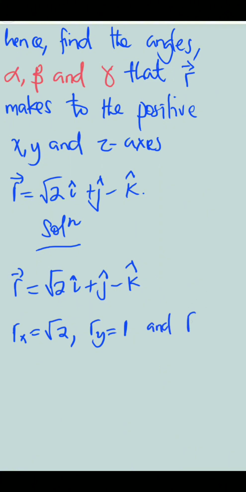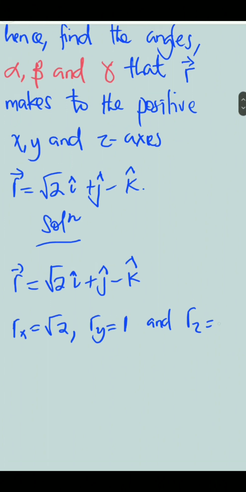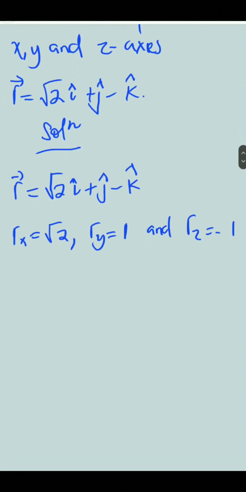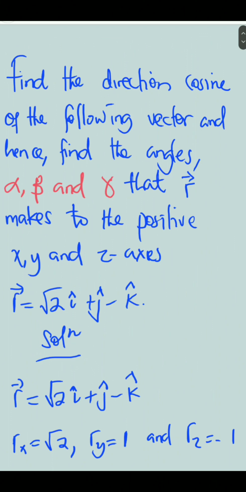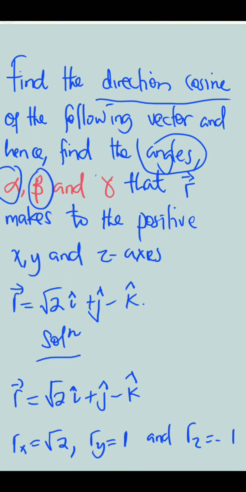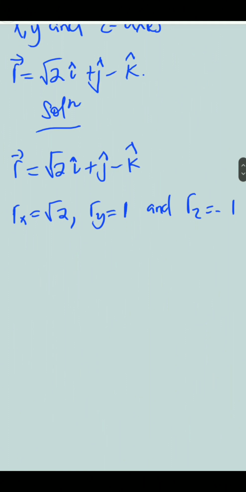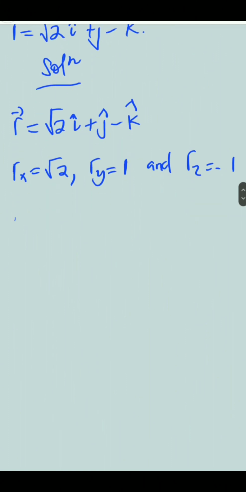So our question is made up of two parts. The first part is to find the direction cosines, and the second is to find the angles alpha, beta and gamma.